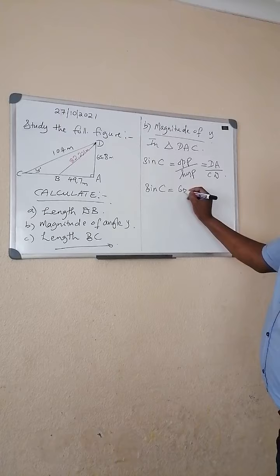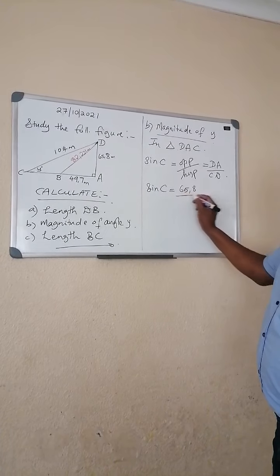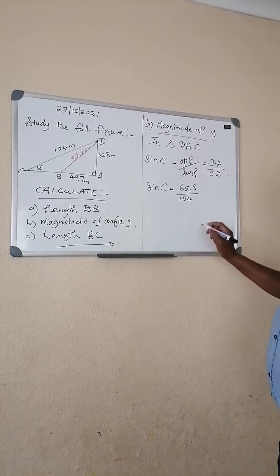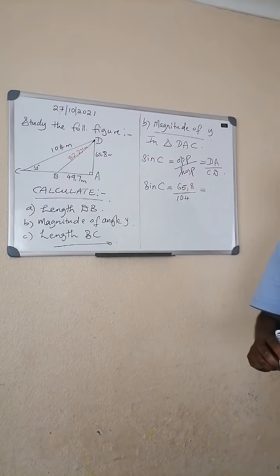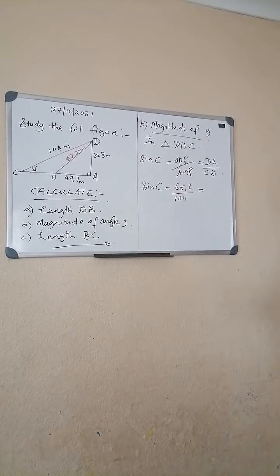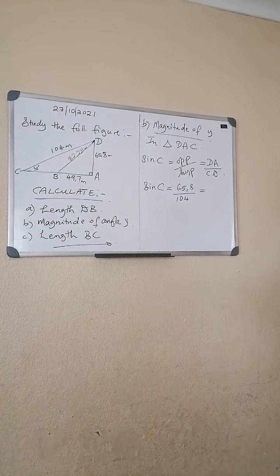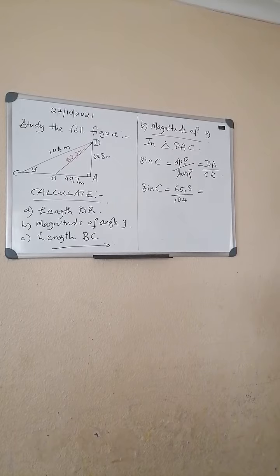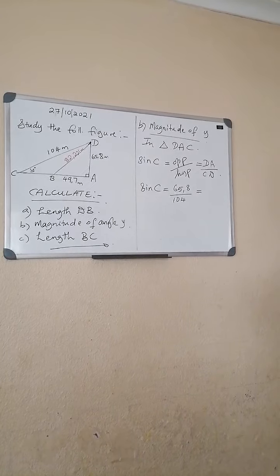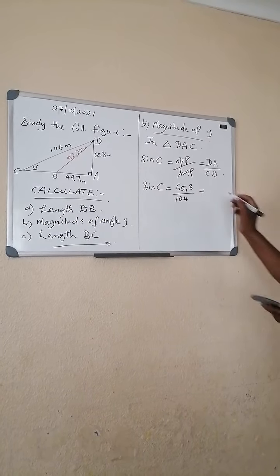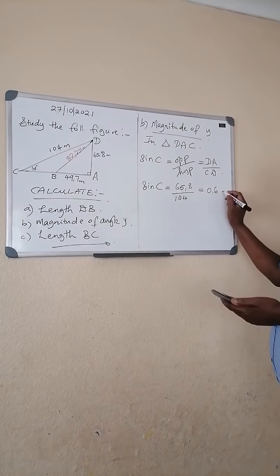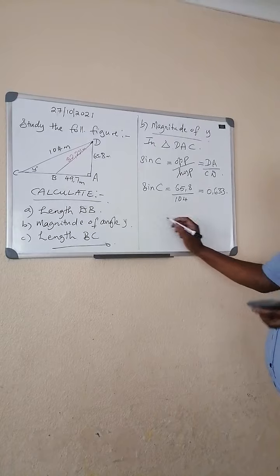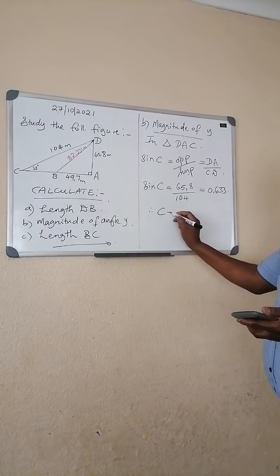DA is 65.8 over, what is CD? CD is 104. Now what is this? This is 65.8 divided by 104. This gives 0.633.